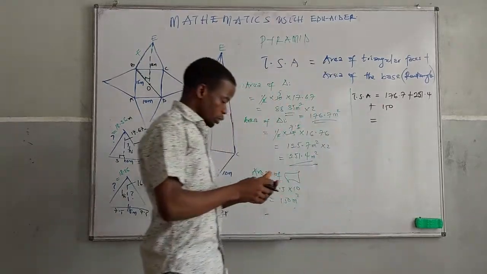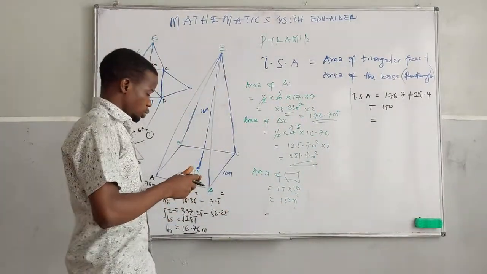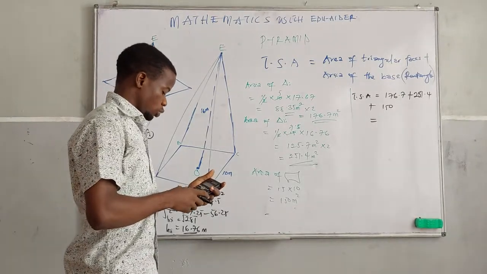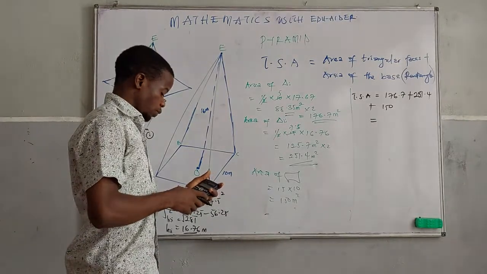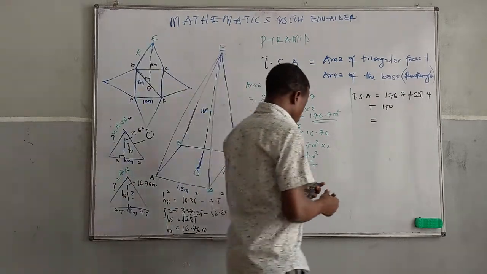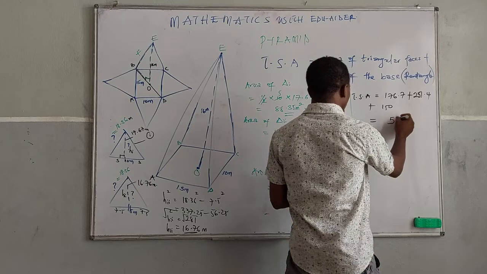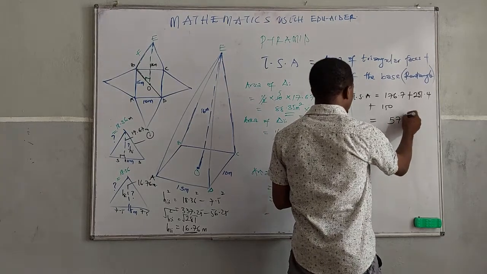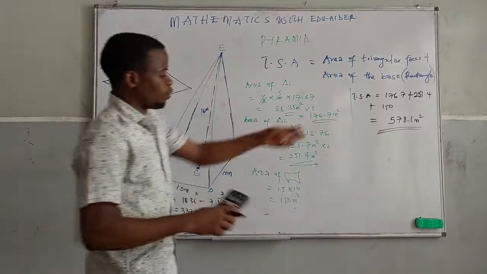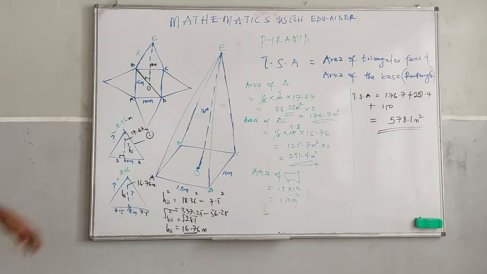What will that give us? 176.7 plus 251.4 plus 150. What do we have here? I have 578.1 meters squared. This is the surface area of this pyramid.